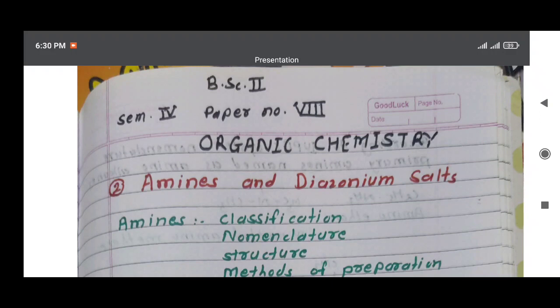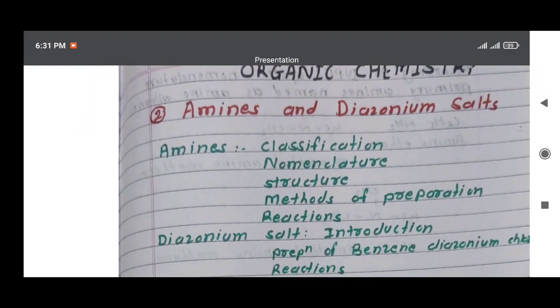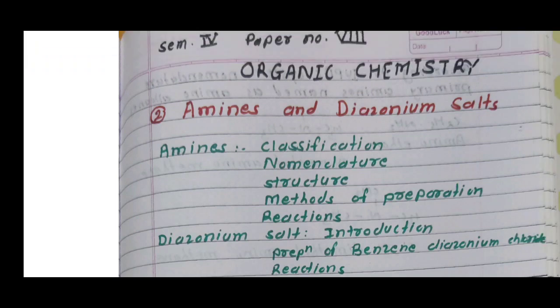Today I am starting the topic unit number 2, amines and diazonium salts. This topic contains first part amines and second part diazonium salts. In amines: definition of amines, classification, nomenclature, structure, and methods of preparation.